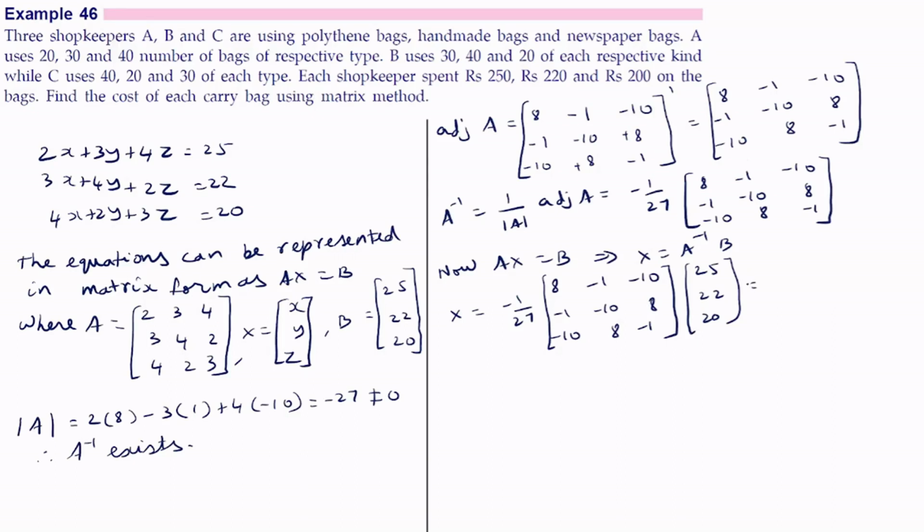So this is equal to, here it is 200 minus 22 minus 200, and next we have minus 25 minus 220 plus 160, and next we have minus 250 plus 176 minus 20.